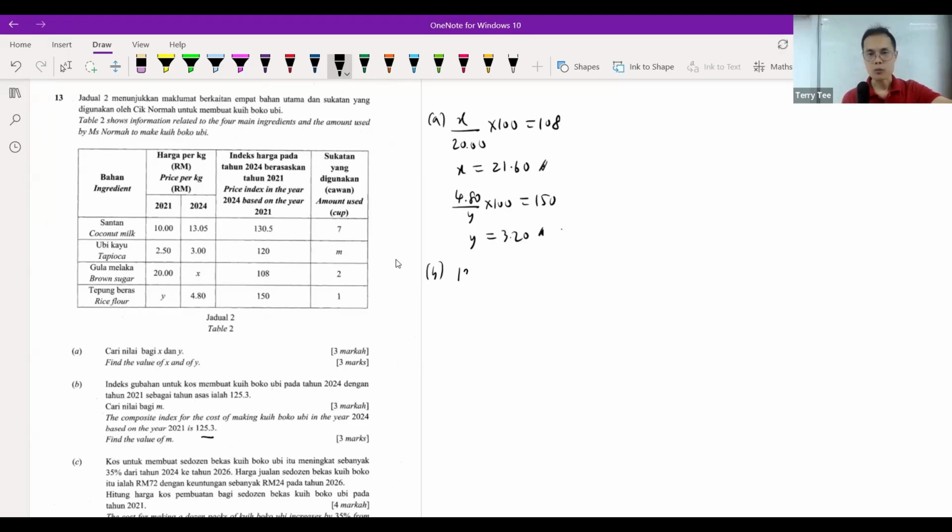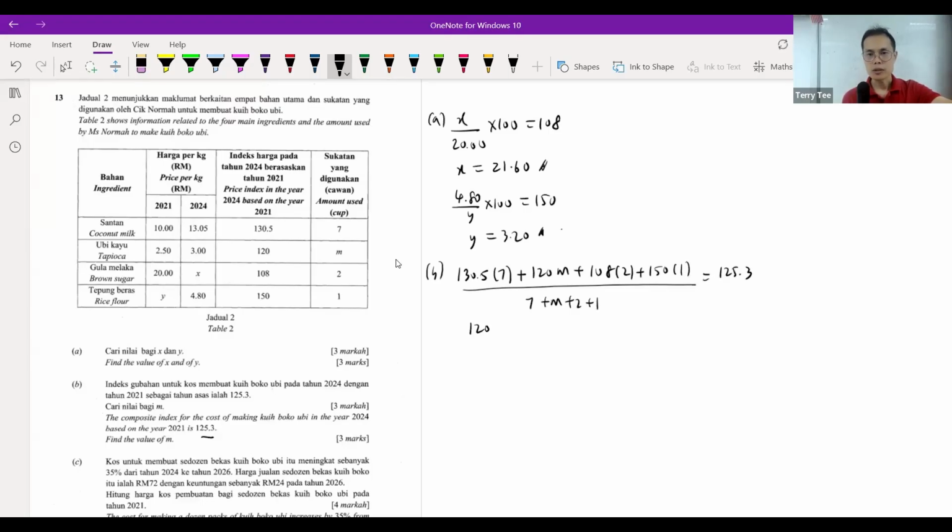For example, the first one, 130.5 for coconut milk, we multiply by 7. Next, 120 you multiply by M, 108 you times 2, and 150 times 1. Divide by your total weightage, which is 7 plus M plus 2 plus 1. Your composite index is 125.3.